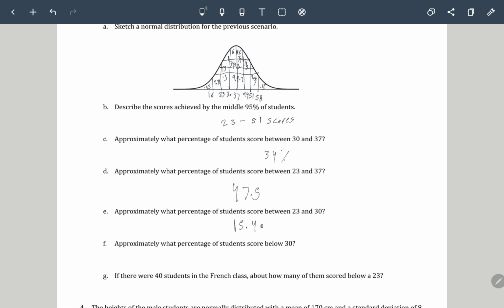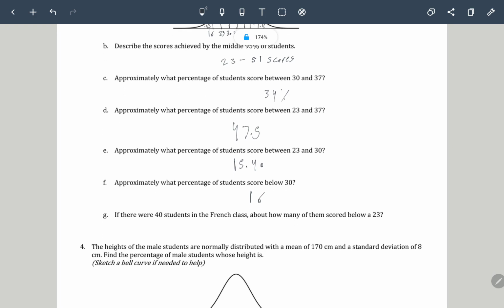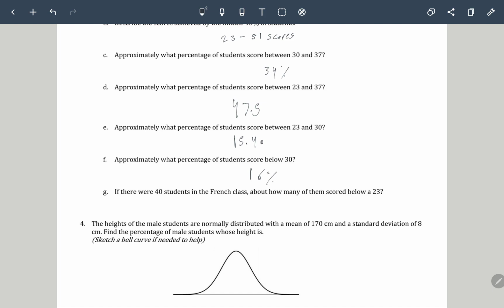And approximately what percentage of students score below 30? Below 30, we could say 13.5. This would just be 16, honestly, because 13.5 plus 2.35 plus 0.15 is 16. 16%.